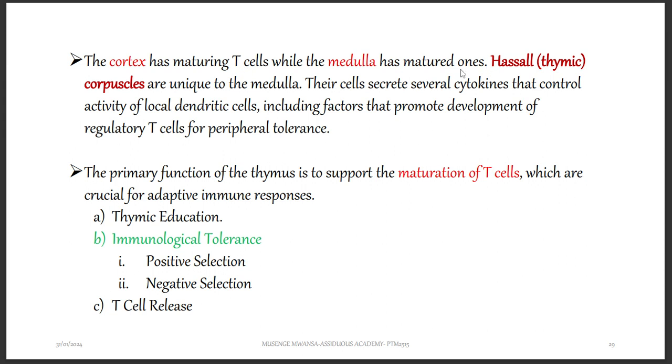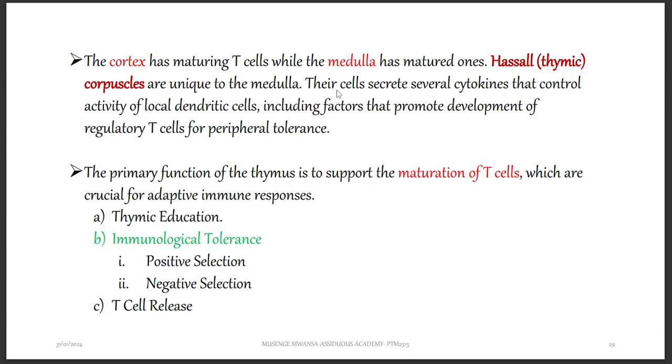These corpuscles are found in the medulla. They are only in the medulla. These are just aggregations of epithelial cells together. We call them Hassall's corpuscle. Where are they located? In the medulla. Anatomy questions: medulla of the thymus.